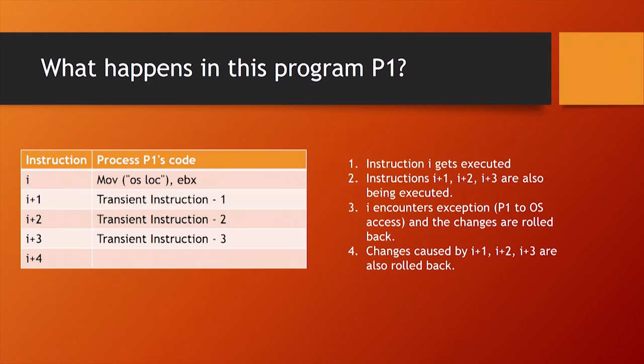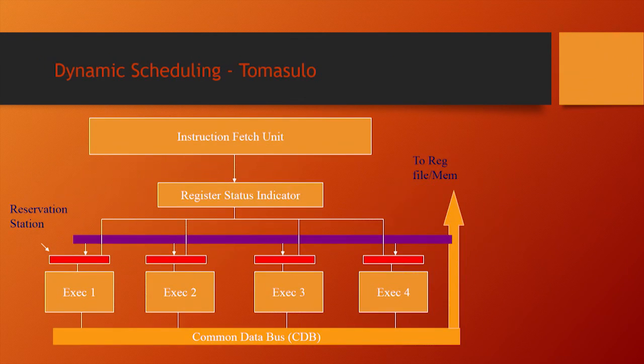So let me again tell you, I have an instruction executing in execution unit 1 which is going to read a kernel address space into a register EBX. Then there are 3 transient instructions which all will start using EBX. They are waiting in execution units 2, 3 and 4 for this value of EBX.